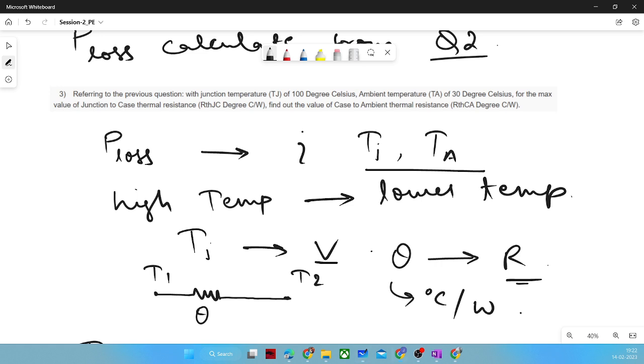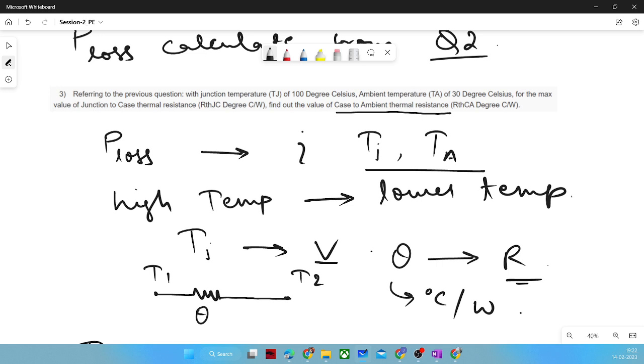Based on that, you can choose the heat sinks from the market, and in this problem, that value of case to ambient thermal resistance you need to compute. You have the value of power and the junction temperatures; you just need to apply this thermal Ohm's law, informally, and you will be able to get the value of case to ambient thermal resistance.